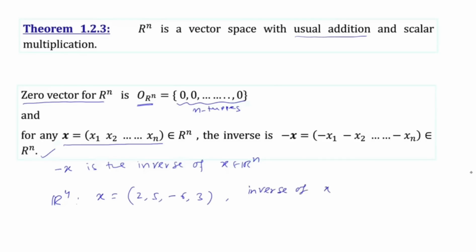For example, x is equal to (2, 5, -6, 3) in R4. Then the inverse of x is minus x, which is (-2, -5, 6, -3).